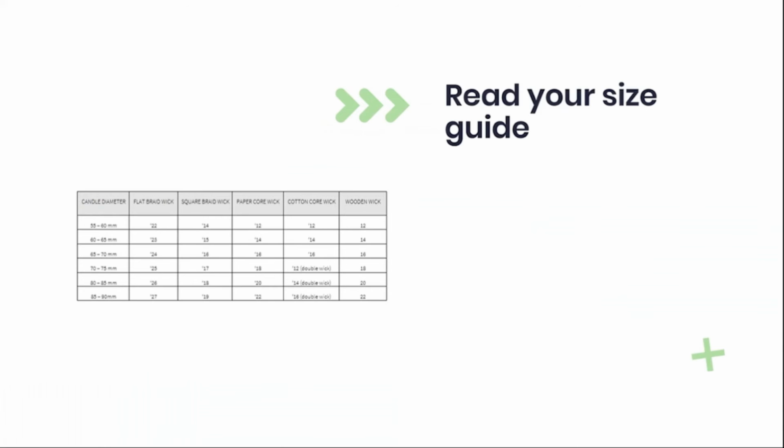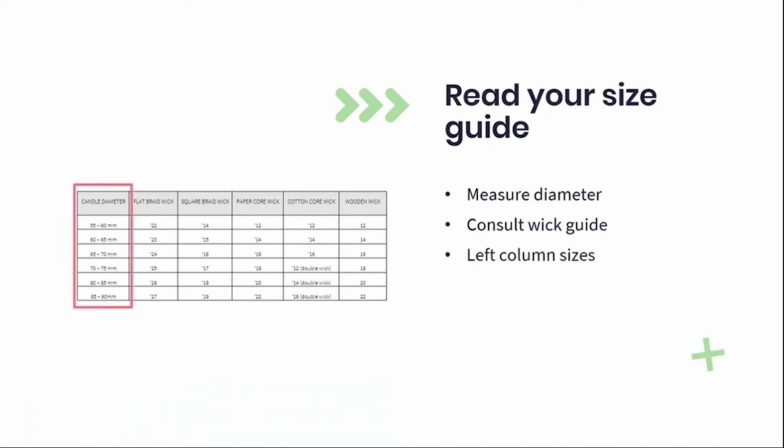Before purchasing wicks for your candle, you will need to measure the inside diameter of your container or the maximum diameter of your mold. Once you have this measurement, you will consult the wicking guide of the store you plan to purchase from. The wicking guide should appear as a chart indicating the different sizing possibilities down the left-hand side.